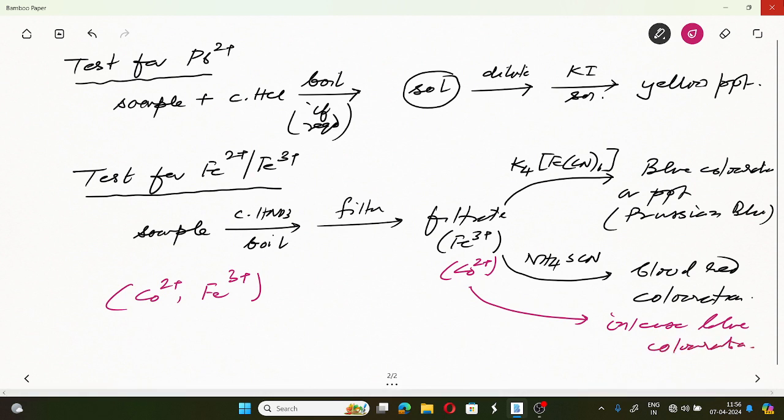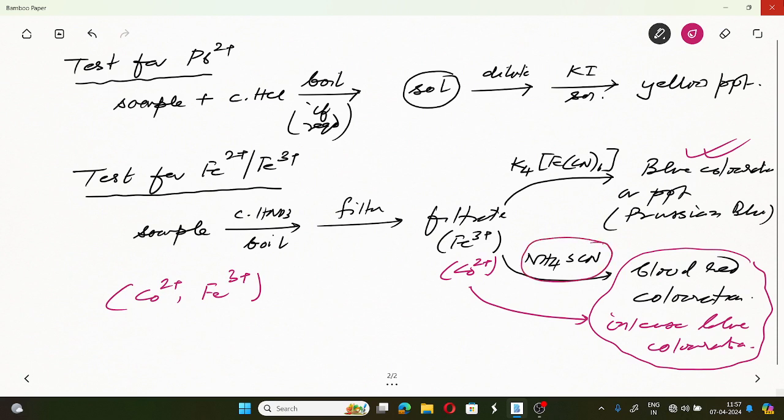Cobalt thiocyanate complex. So you have to be careful when you get this test, and you get, say, a black colored solution. This blue color and blood red color will appear as black when you're adding ammonium thiocyanate.